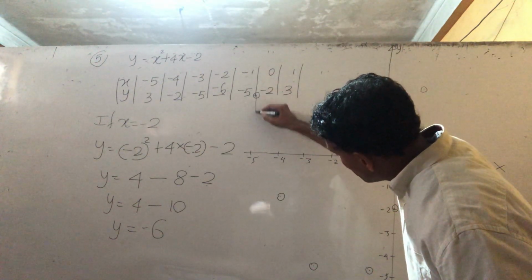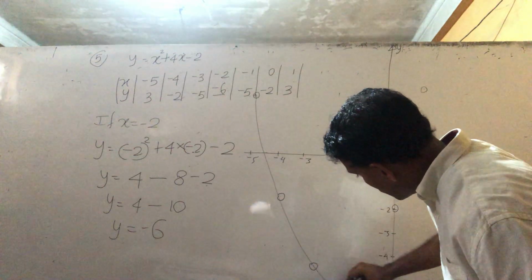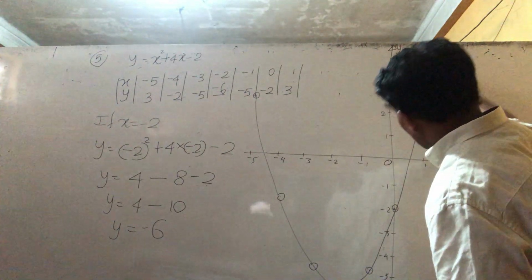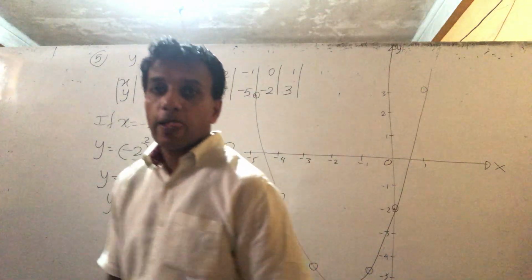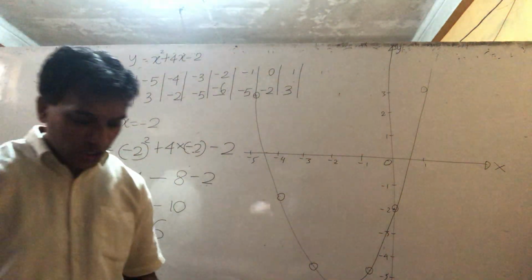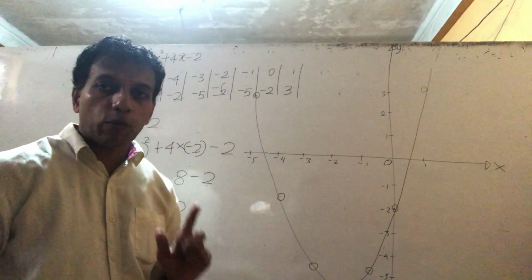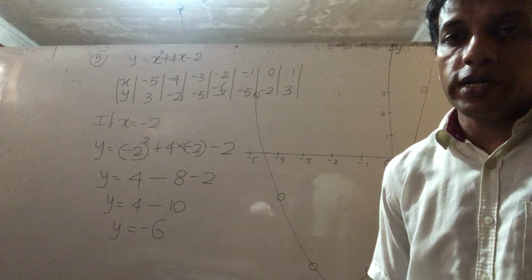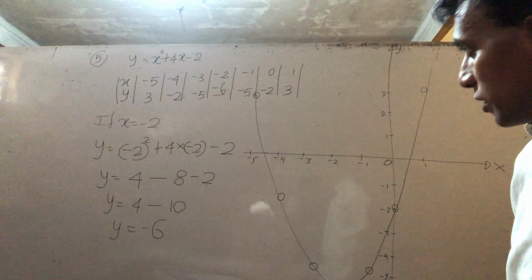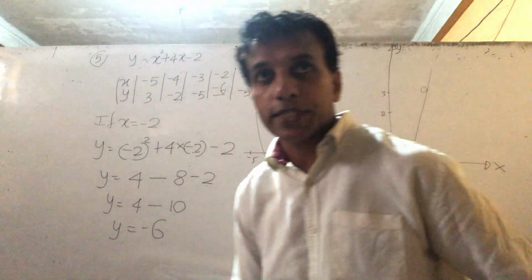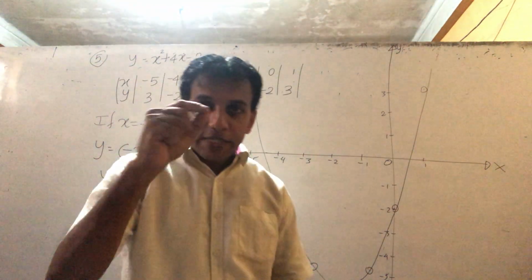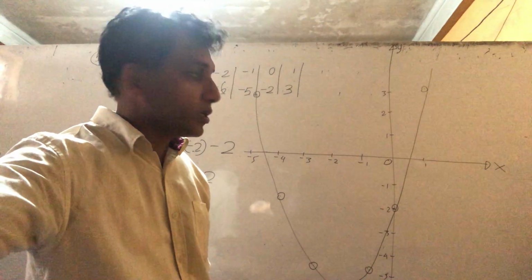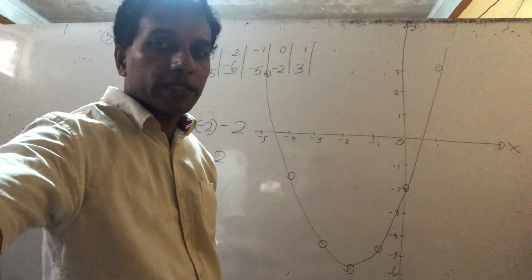Trace the graph, the minimum function. So the table is important, and complete the graph by joining all the points smoothly. Draw by pencil, always use the pencil, not pen, and complete it.